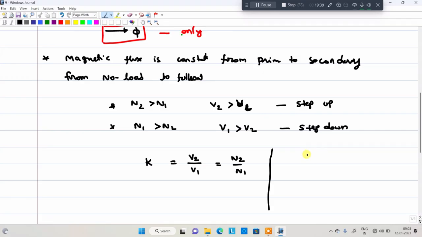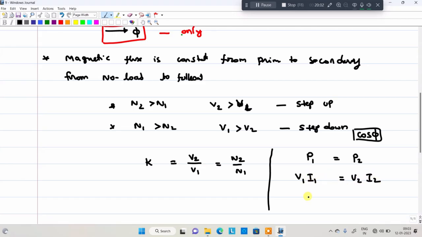Power is constant. According to the definition, the transformer transfers power from one circuit to another circuit without changing the frequency. In an ideal case, power P1 is equal to power P2. Power factor is constant. So P1 equals P2. P1 is V1 I1, P2 is V2 I2.